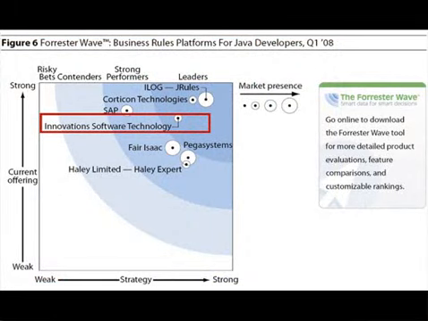Some of you may know the business rules management space, and we are very happy to see that this technology based on Eclipse was put into the leader quadrant by Forrester, along with iLog, JRules, which probably some of you are familiar with, and Corticon.